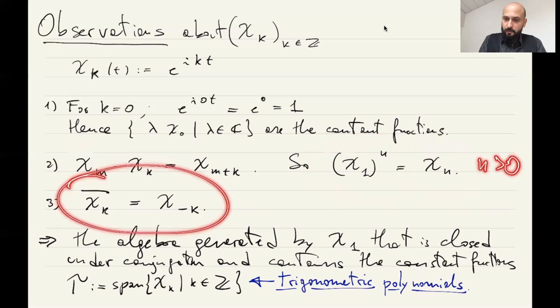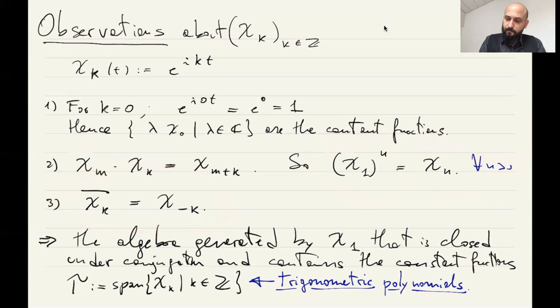But if you also want it closed under conjugation, then you will also get negative indices. And it's linear, so it should be a vector space closed under sum and multiplication. So this is the span, and what's important is that this is a complex span, with complex coefficients.